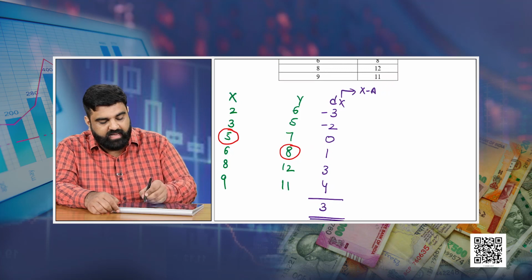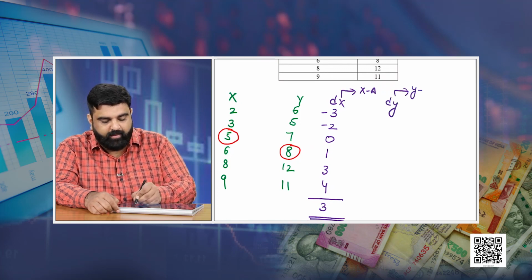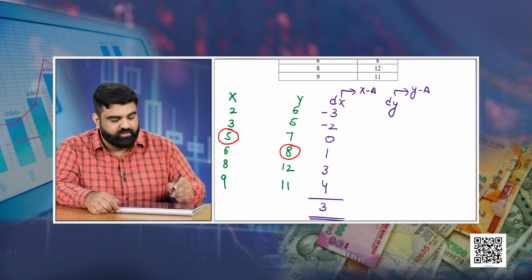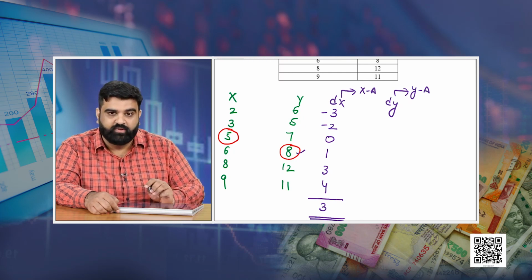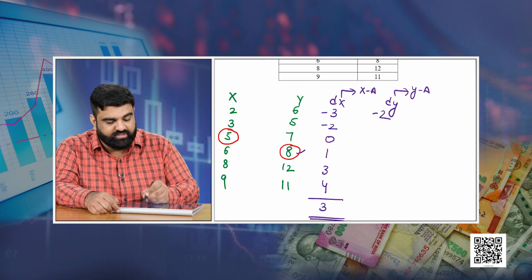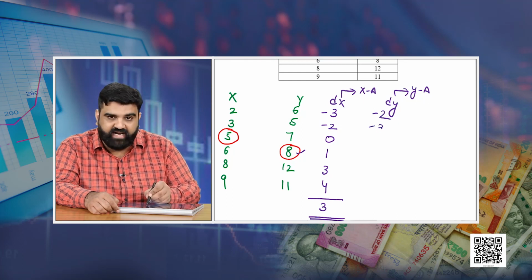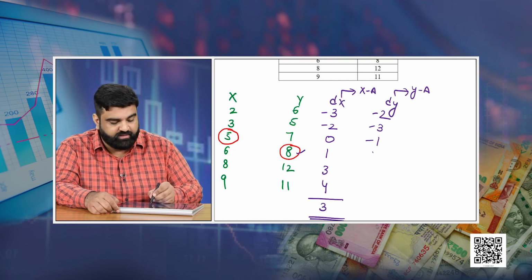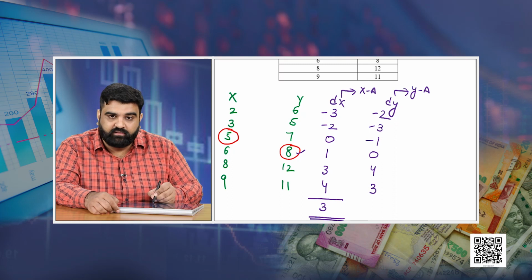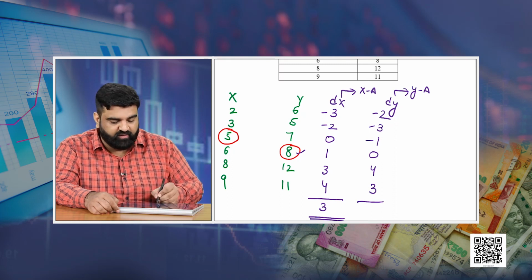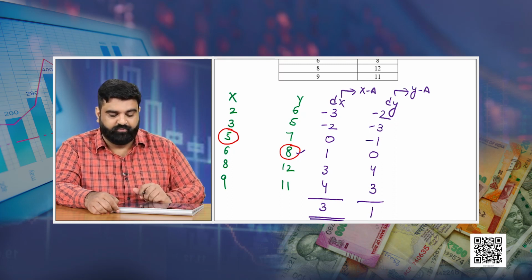Now, I have dy. dy is actually y minus a. So, I have assumed 8 to be the mean. So, this will be minus 2, minus 3, minus 1, 0, 4 and 3. The total to this will be 1.